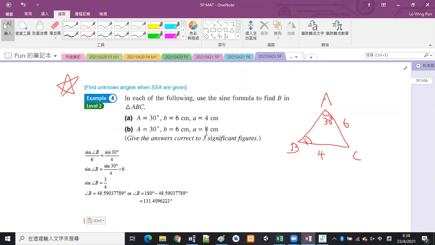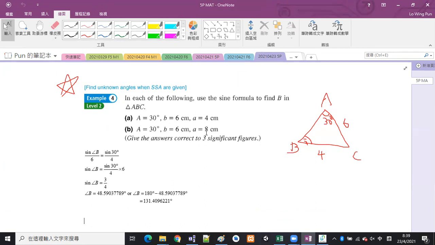Sometimes we really have two answers, and sometimes the larger angle will be rejected. But how do we check? You need to add this angle to the given angle.